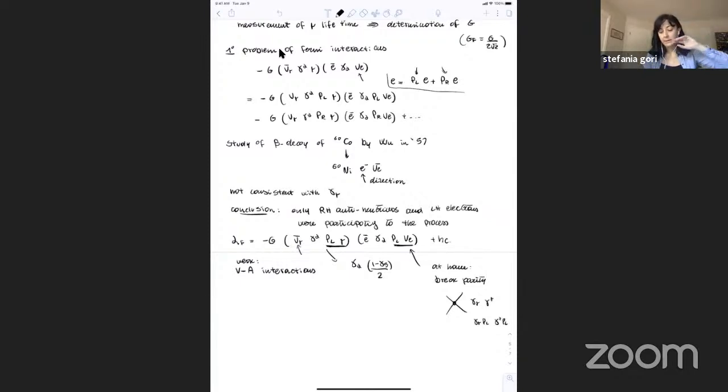Now, we are still not 100% satisfied. So this was the first problem, and the second problem being that this is an effective interaction.